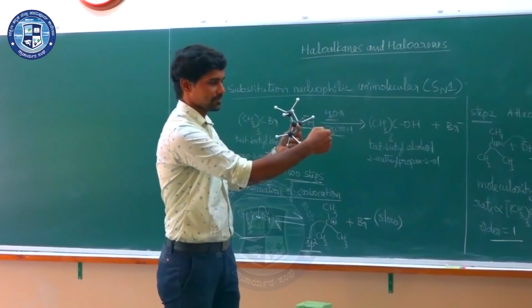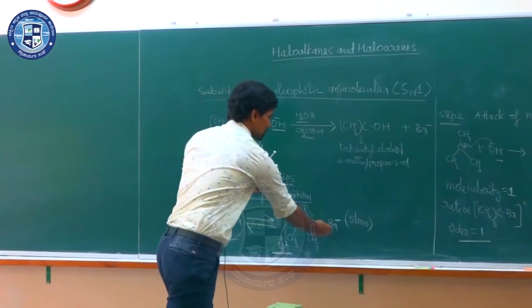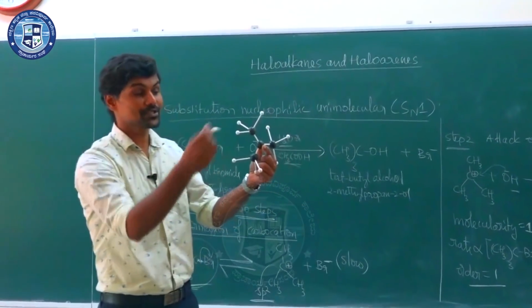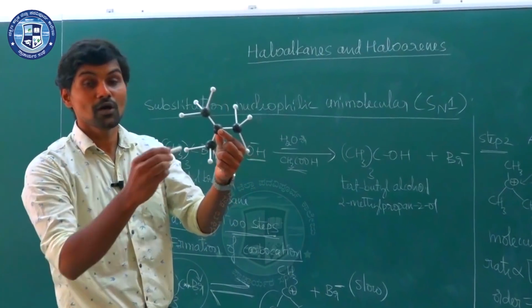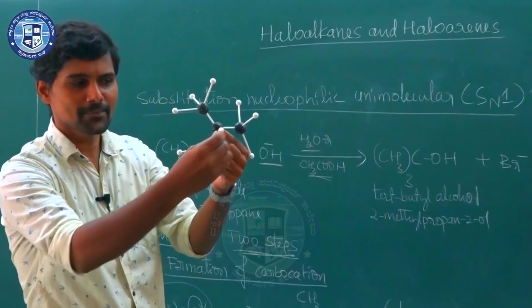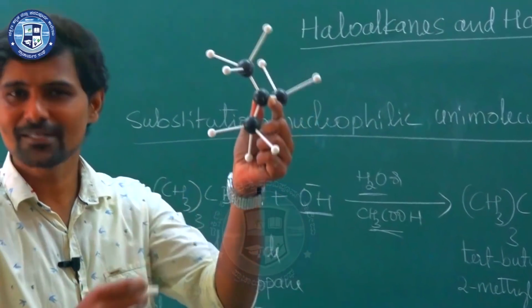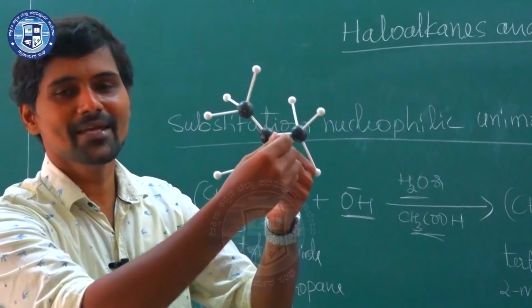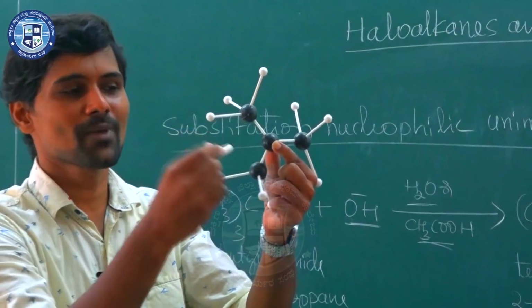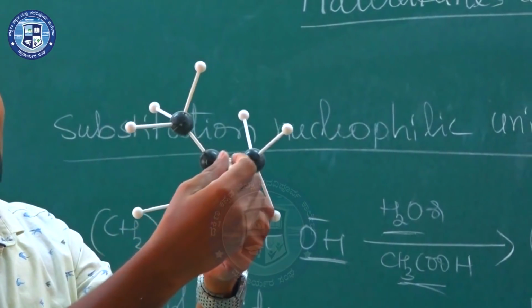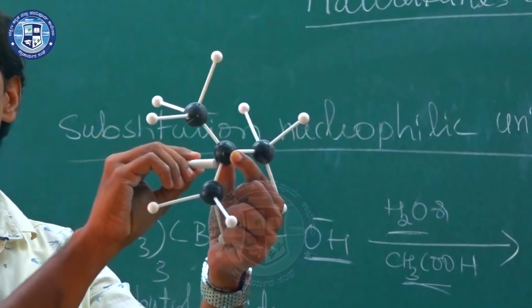Now that bromine has gone as a bromide ion, and the nucleophile, OH minus, is attacking. From which side will it attack? Will it be from here or from here? As this molecule is planar, it can attack from any side. The probability is equal. It can attack from this side as well as this side.